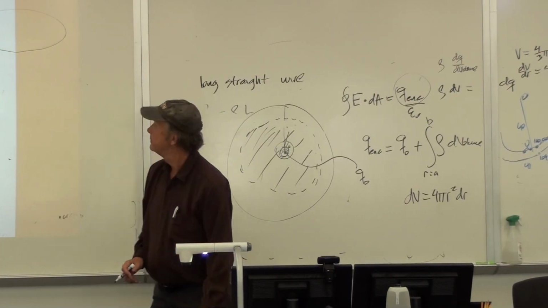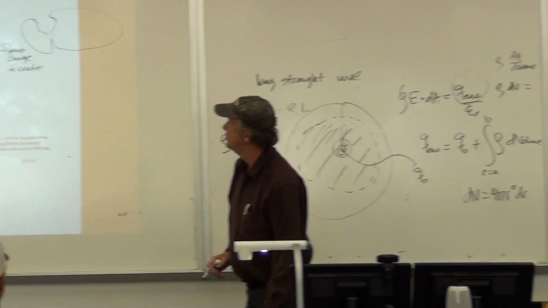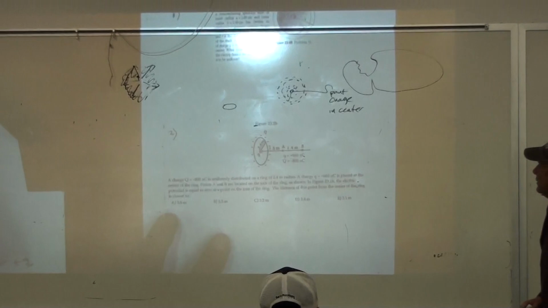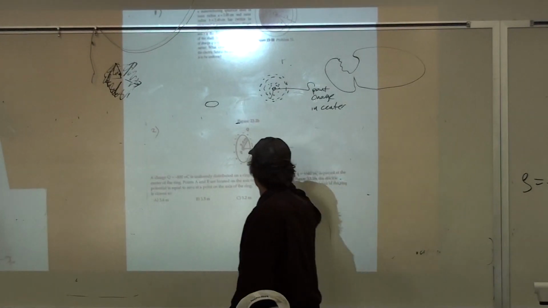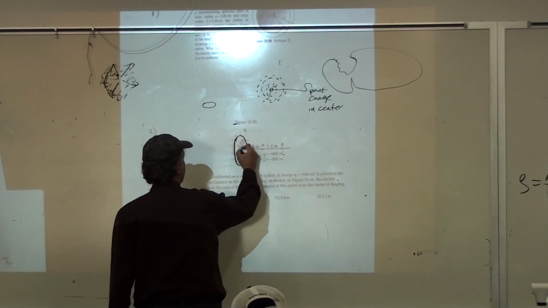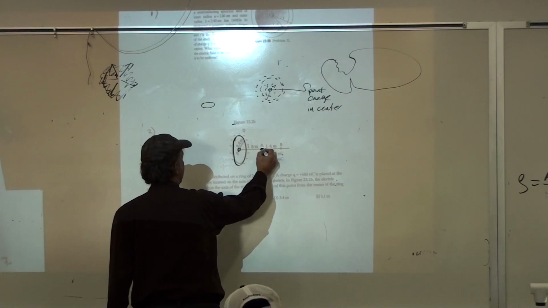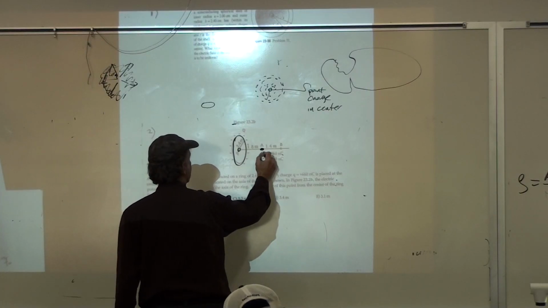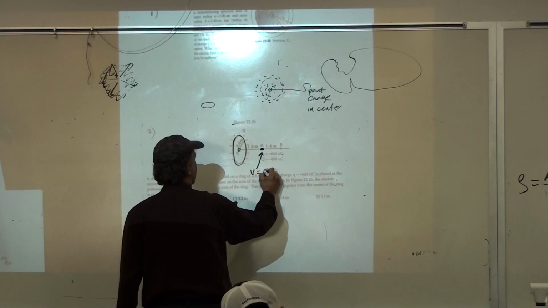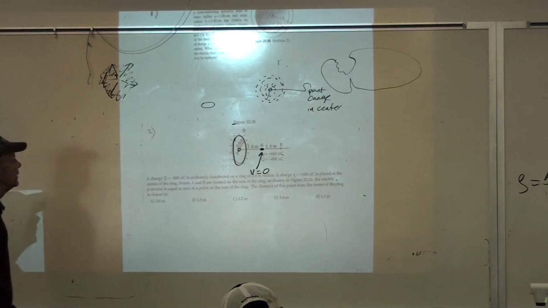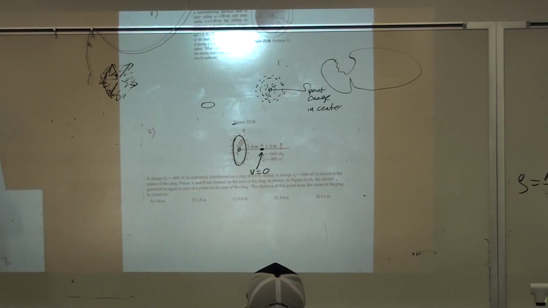So that's problem 1. And then in problem 2, we've got a negative charged ring with a positive charge in the center, and we want the point A where the total voltage is 0. Because this is similar to what we did before with electric field. Remember, we figured out where the electric field would be 0 from a point charge and a charged ring.